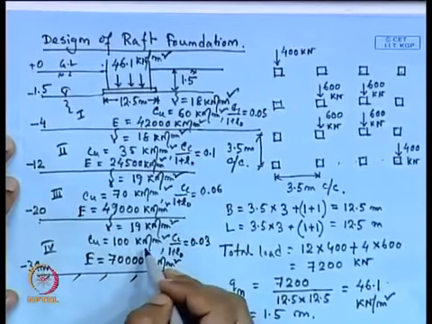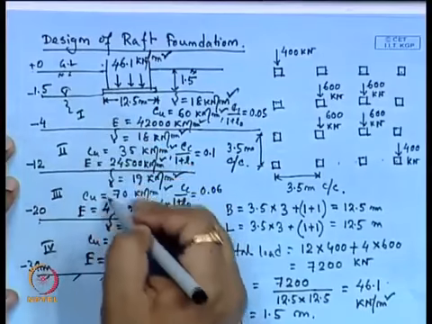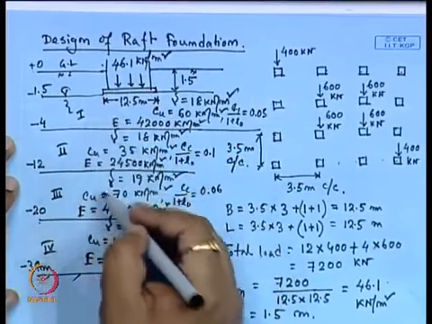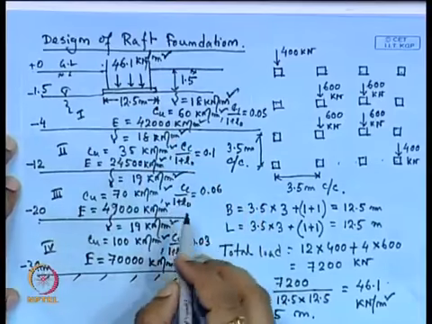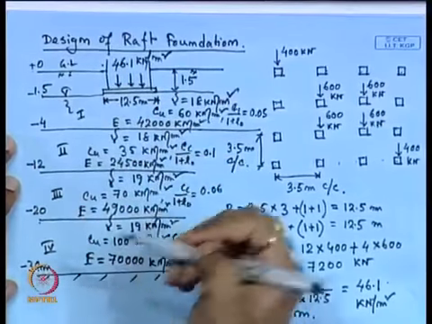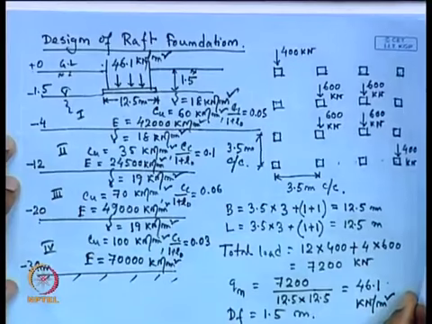fourth layer. So, for the bearing capacity calculation up to the B zone, we take the weighted CU value, or we can take the minimum one for this calculation.